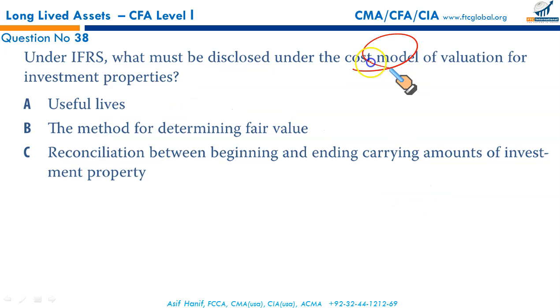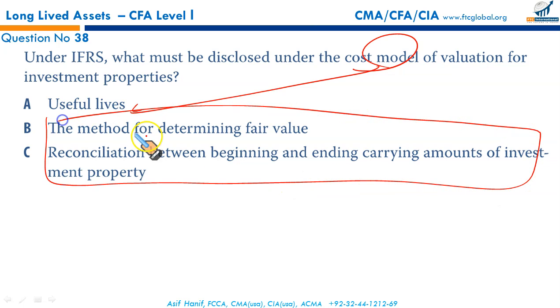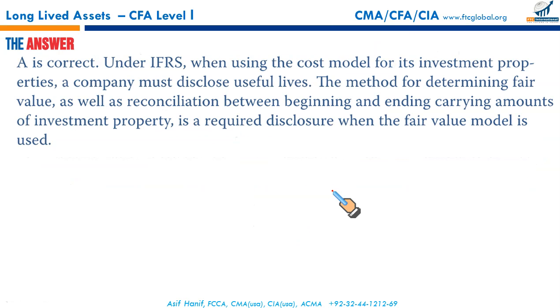Cost model requires useful life, and these two requirements under the IFRS are for fair value model. If you didn't know this, the explanation given in the question's answer will help you fix the idea in your head. A is the right answer.